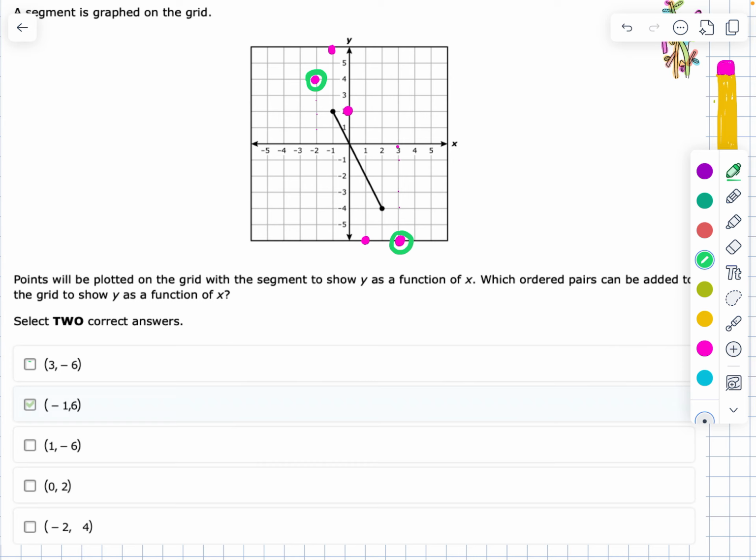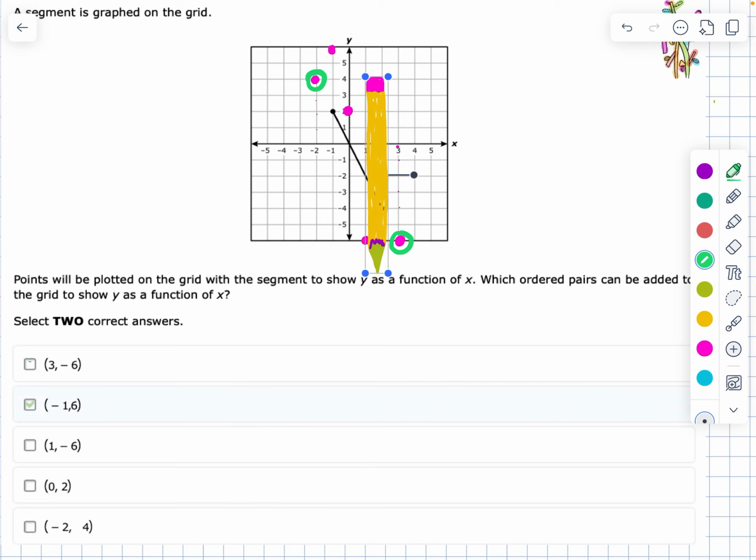But I wanted to make sure, here's another thing you could do. If you do the vertical pencil test, where you keep your pencil vertical and go and see if there's more than one y to an x.